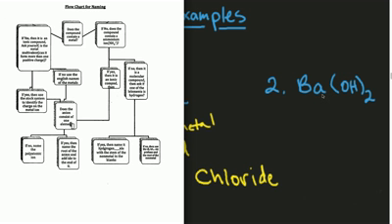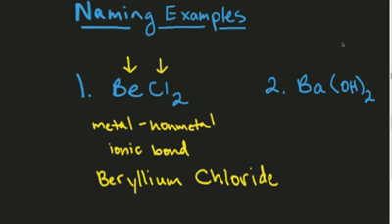Does it have a metal? Yes, barium. Barium is in group 2. It's also an alkali earth metal. So no, we do not use the stock system. We use the English names. Then we come over here. Does the anion consist of more than one element? Yes, it does. It's oxygen and hydrogen, but collectively, when they're grouped together like that, that's referred to as the hydroxide ion.